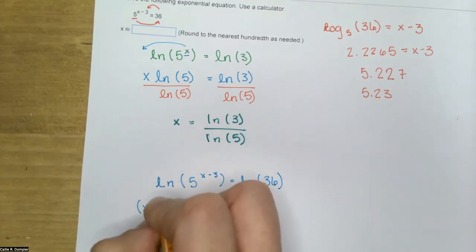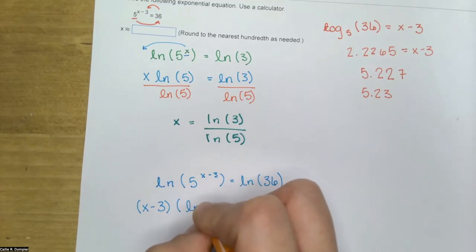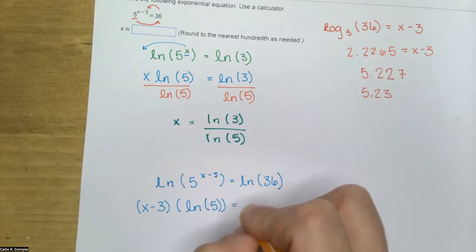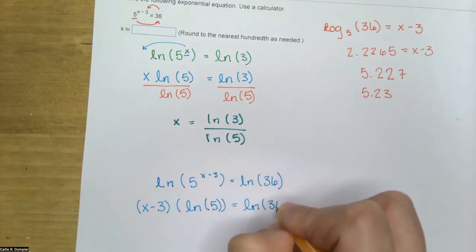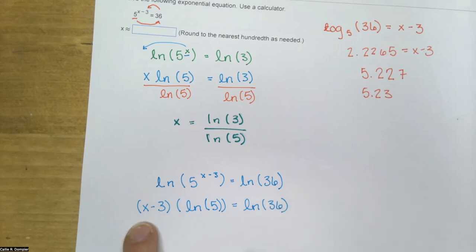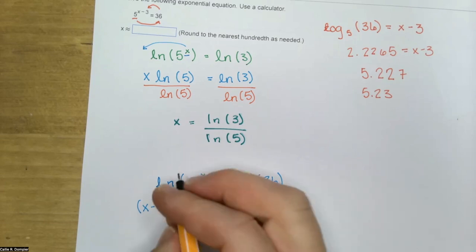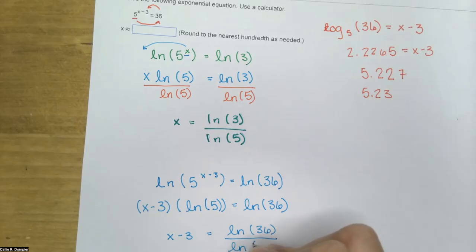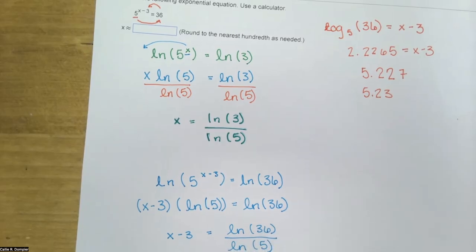So x minus 3 times the natural log of 5 is equal to the natural log of 36. Now I have x minus 3 being multiplied by natural log of 5, so you can say x minus 3 is equal to the natural log of 36 divided by the natural log of 5.